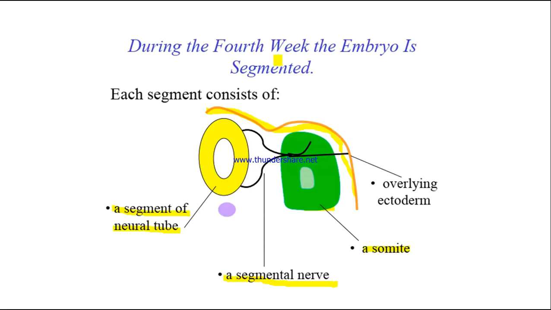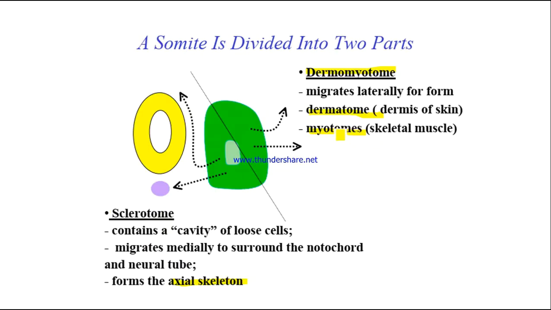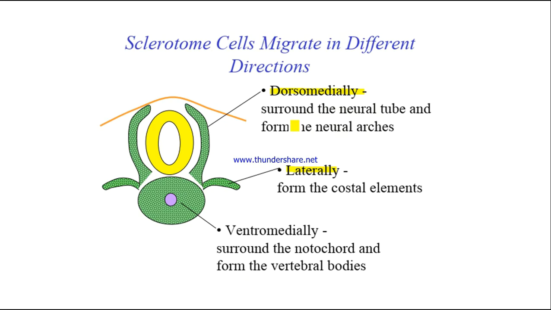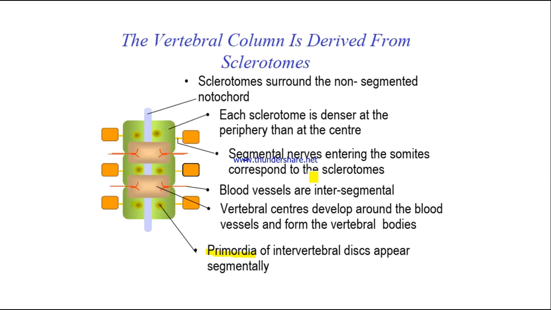Please be aware of the segmental divisions and how these divisions ultimately divide up and migrate, and through the migration, how we have differential cell migration to form the different components of the musculoskeletal system that we've been talking about during our lectures on its clinical anatomy.